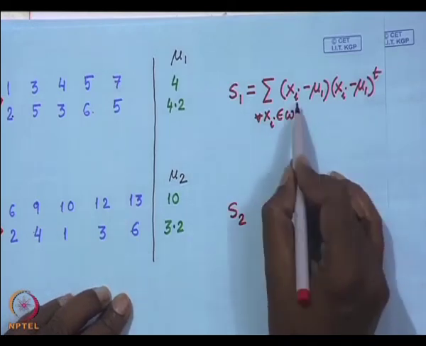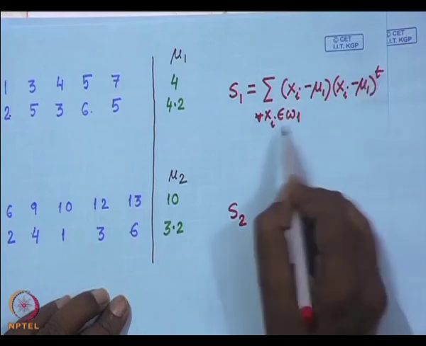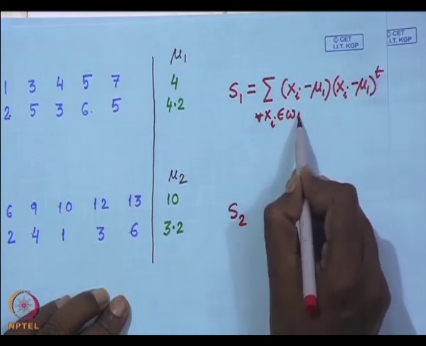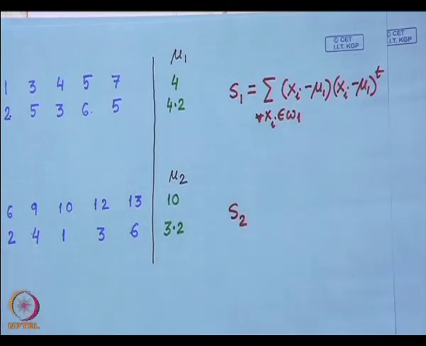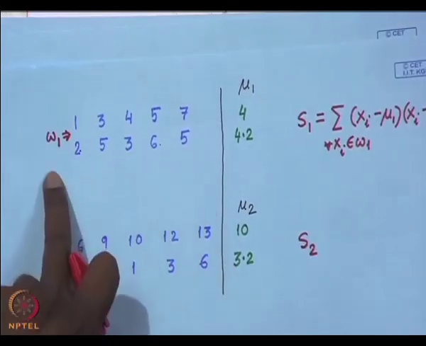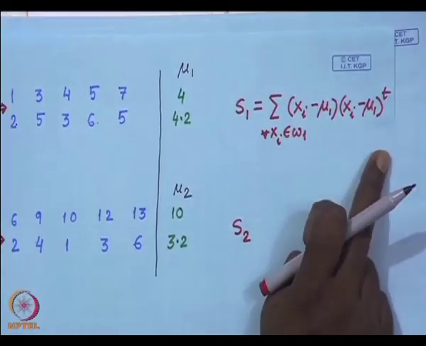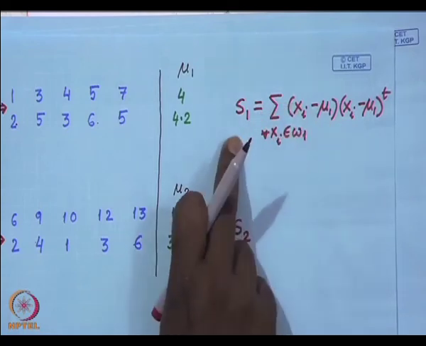So, we compute this for all the feature vectors belonging to class omega 1. Each of them gives me a matrix. Because here I have 5 different feature vectors, I will have 5 different matrices. The sum of all those matrices gives me the scatter S 1.